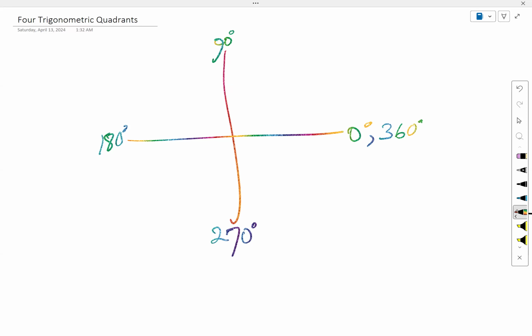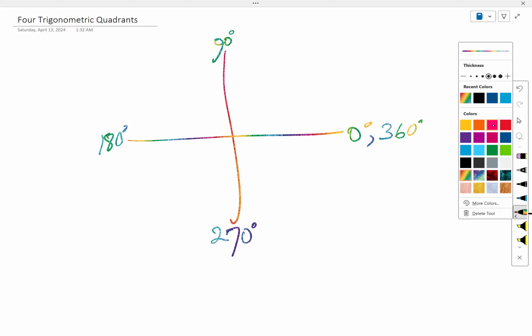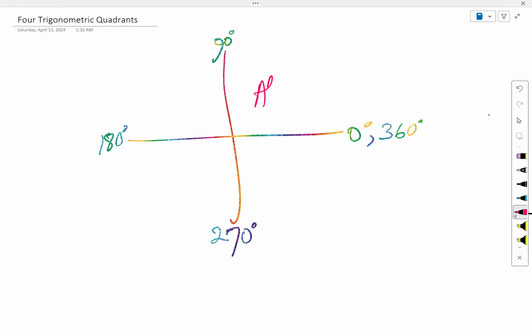Now, one thing you need to understand is that in each of the quadrants, there is something that is positive. For instance, all of the trig ratios are positive in the first quadrant, between 0 and 90 degrees. Only sine is positive in the second quadrant, from 90 to 180 degrees, and if sine is positive there, then its reciprocal, cosec, will also be positive within that range.